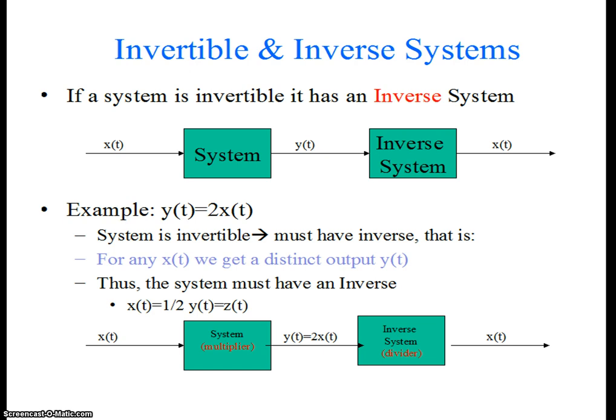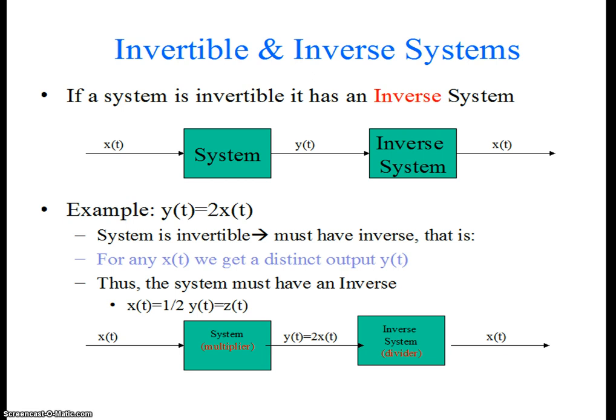The example is the integrator and the differentiator. Suppose y of t is obtained by applying an integral operator to my input signal, and if I want to get back my input signal, I apply the differentiator operator to that, and I get the input signal back. Similarly, a multiplier and a divider. The example is shown.